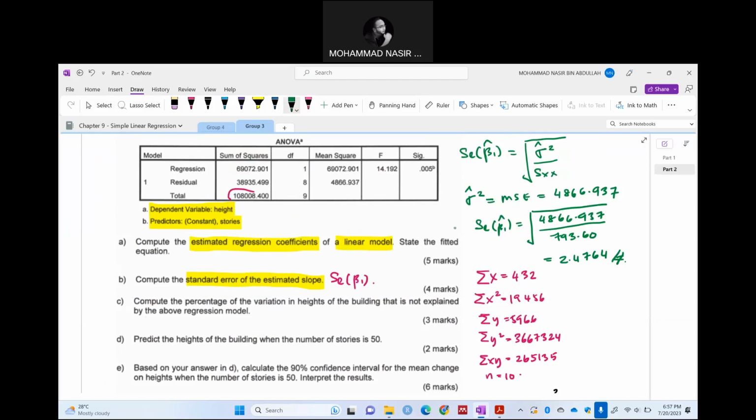So, tengoklah kalau rasa kalau final exam, question number 5, we start with regression and then ANOVA. Salah regression, bring forward. Huh?